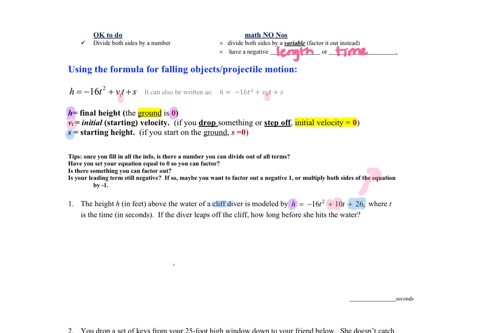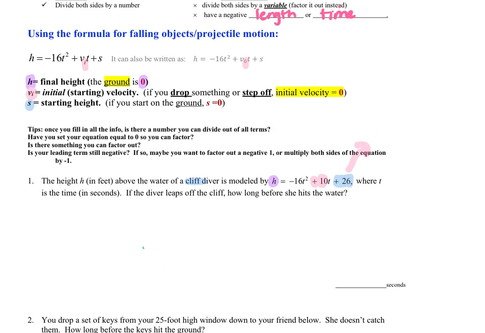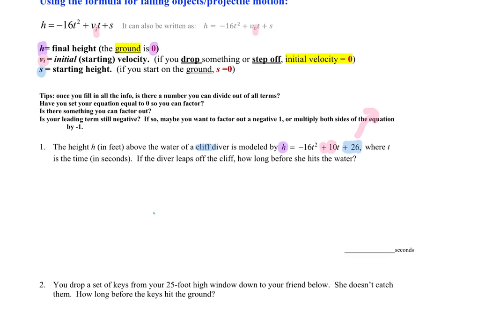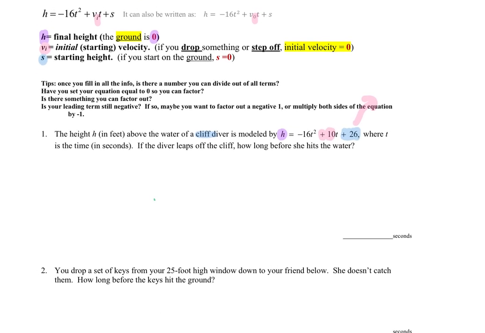So let's see what we can do. I'm going to recopy this equation down here, and I'm going to write 0 for h. I'm going to plug in my 0, so 0 equals negative 16t squared plus 10t plus 26.